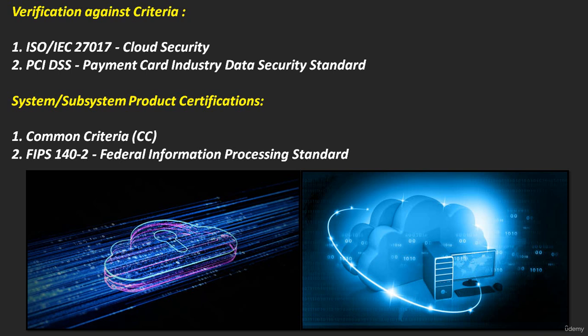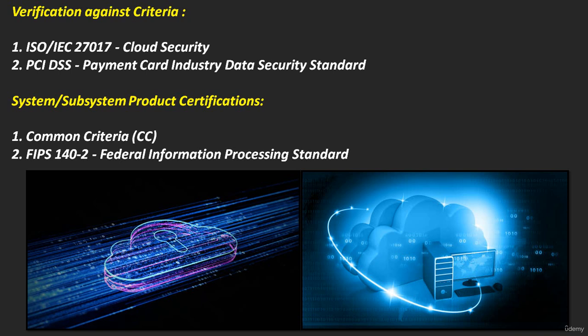So what are the system or subsystem product certifications? In addition to criteria like ISO/IEC 27017 and PCI DSS, it's very crucial to assess the CSP's adherence to system or subsystem product certifications. To note what the certification includes, starting with CC, the Common Criteria. Common Criteria is an internationally recognized set of guidelines used for evaluating and certifying the security of IT products and systems.